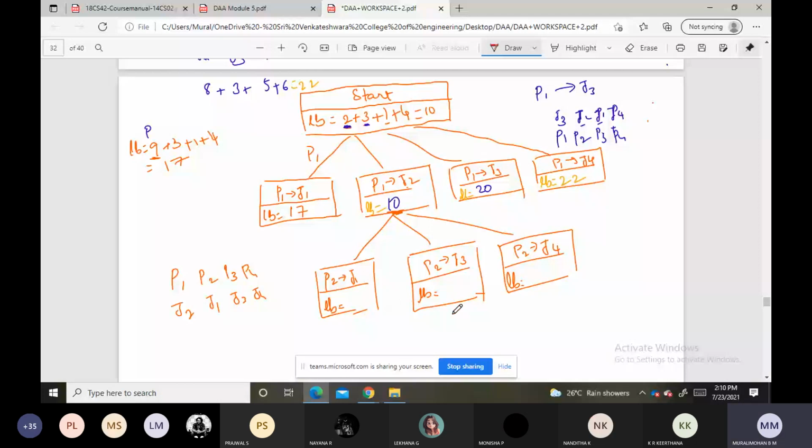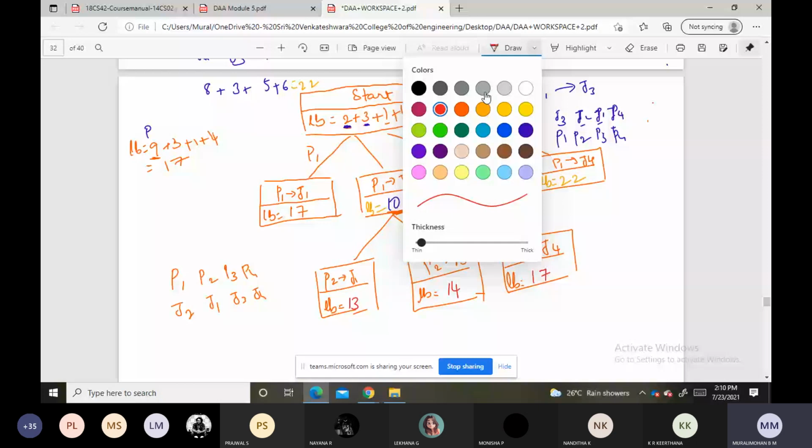So here we will get it as 30. Out of these, which is having the minimum? So this 13 is minimum, right? This 13 is minimum. Now, for person 2, job 1 is fixed.